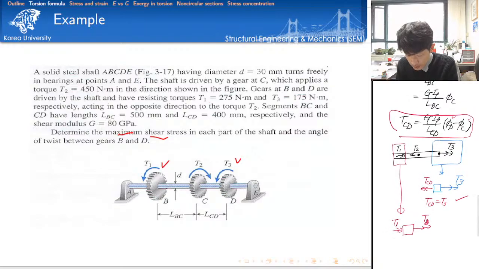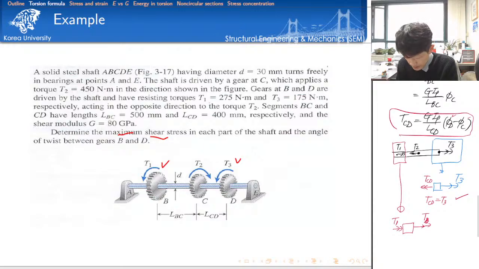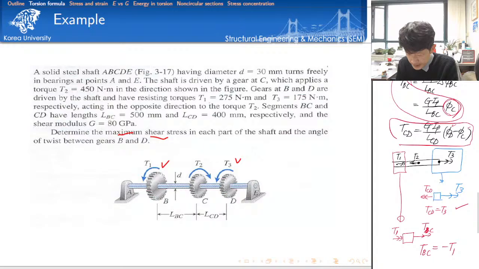Yes, TBC. Okay. Then because of force equilibrium, TBC is equal to T1. So from this, we can determine the phi C value very easily. Once we finish determining phi C, then plug phi C into here to determine phi D. Clear? Okay.